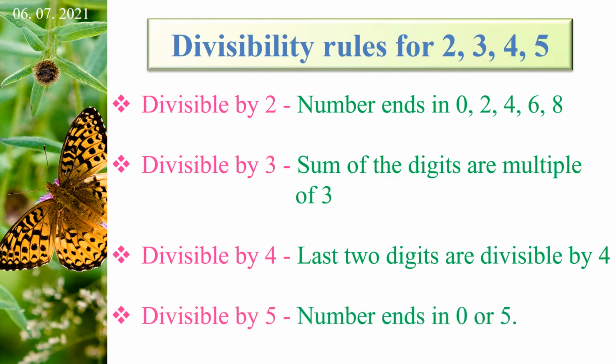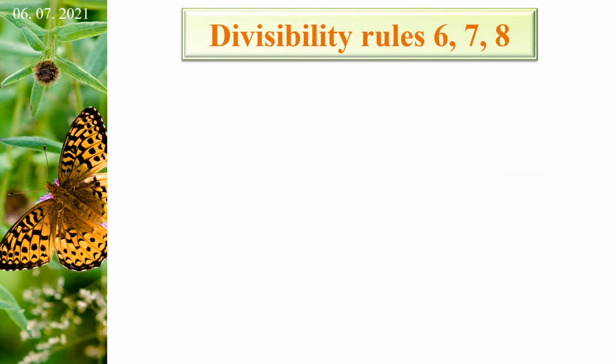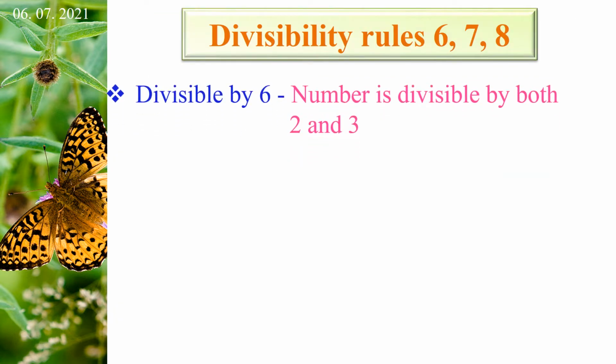A number is divisible by 5 if the number ends in 0 or 5. Next, a number is divisible by 6 if the number is divisible by both 2 and 3.